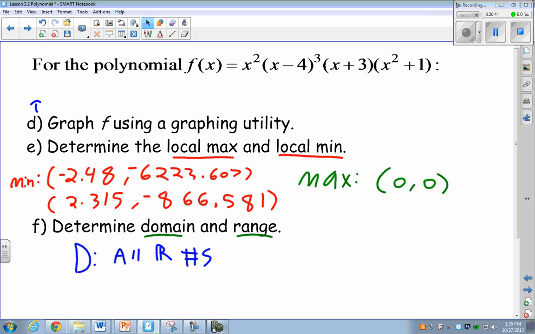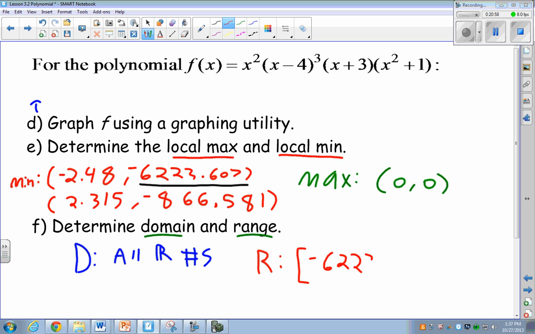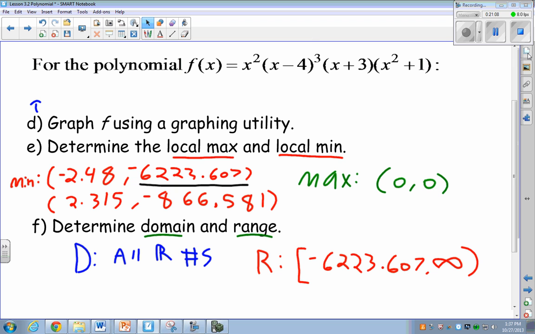So our range is going to be, what's our lowest minimum? It's the local min. This would be negative, and that's just going to go up to positive infinity. Okay, so that's our domain and range.